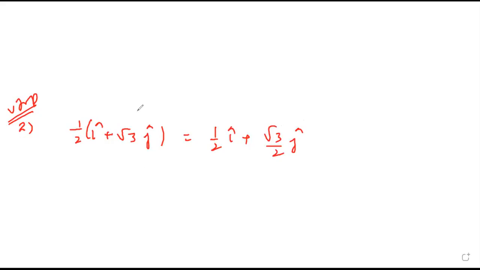So if I understand by coordinate system, that means the ray of light is traveling in the first quadrant. This way it is traveling. Correct? Yes.